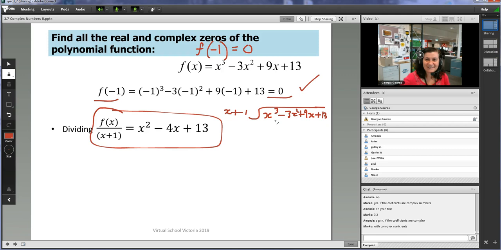You can do it that way. How many times have you done this? Has anyone not done this or wants me to do it now? Do you want me to work out the polynomial long division?